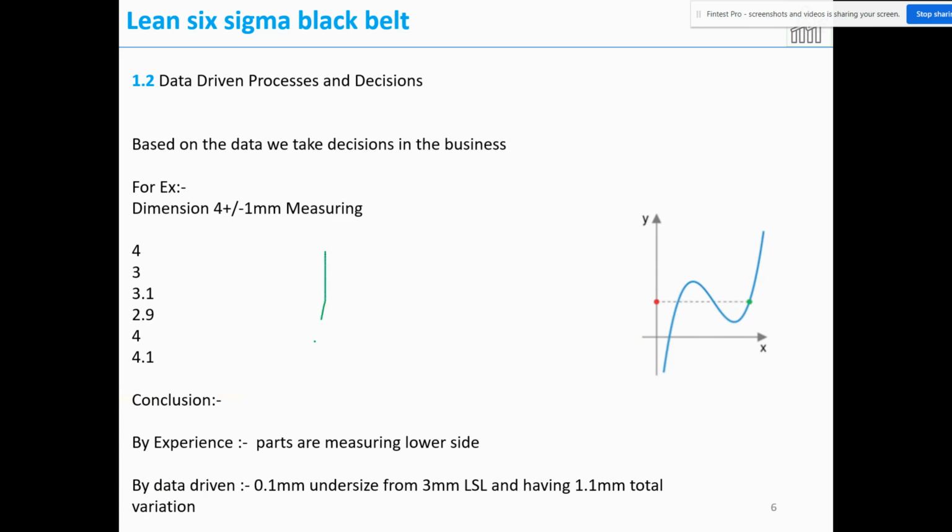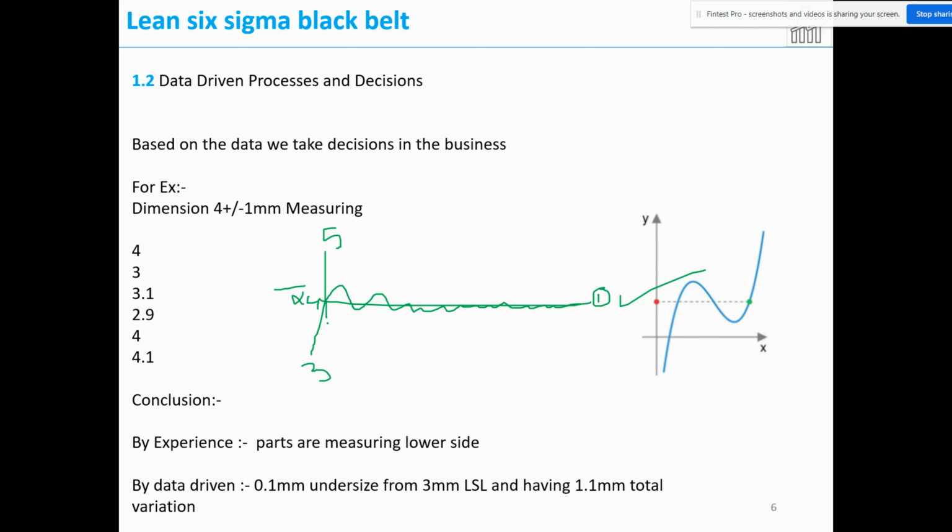Suppose the data is something like this, this is your mean, right? If the data is something like this, so this is case 1. So what you say, the data is trying to produce the mean and having lesser variation. Say this is your 3 and this is your 4 and this is your 5.